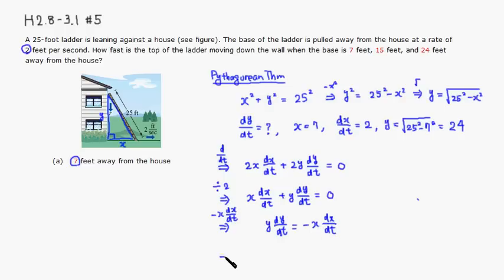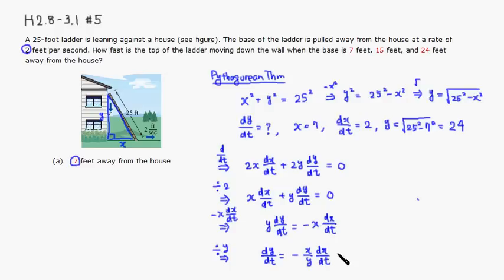Then we divide through by y to isolate dy over dt, which is equal to negative x over y times dx over dt.